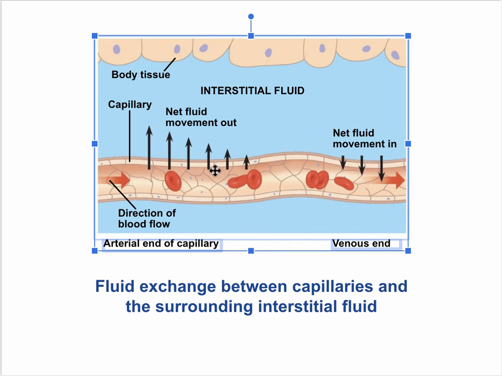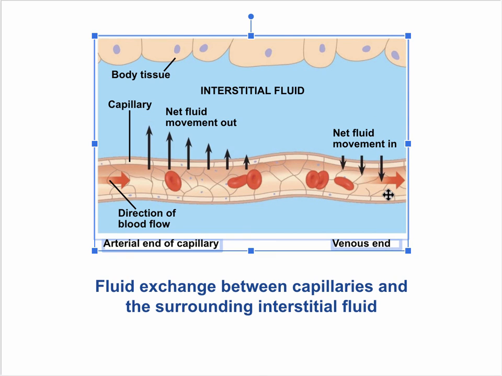As a little bit of fluid leaks out, the pressure inside the capillary becomes less and less. Eventually, that pressure in the capillary can become lower than the pressure in the surrounding fluid, and towards the vein end of the capillary bed, the pressure inside the capillary is lower than the tissue or interstitial fluid, and you get fluid moving back in.